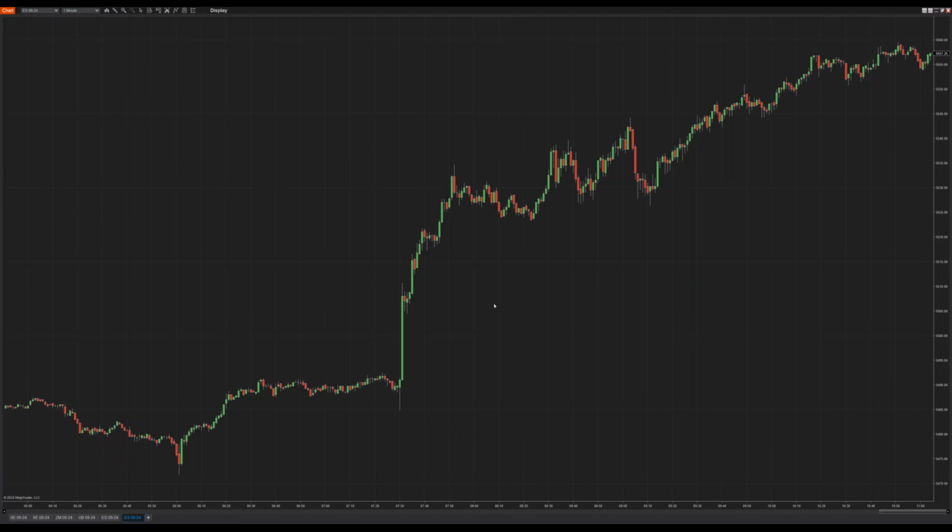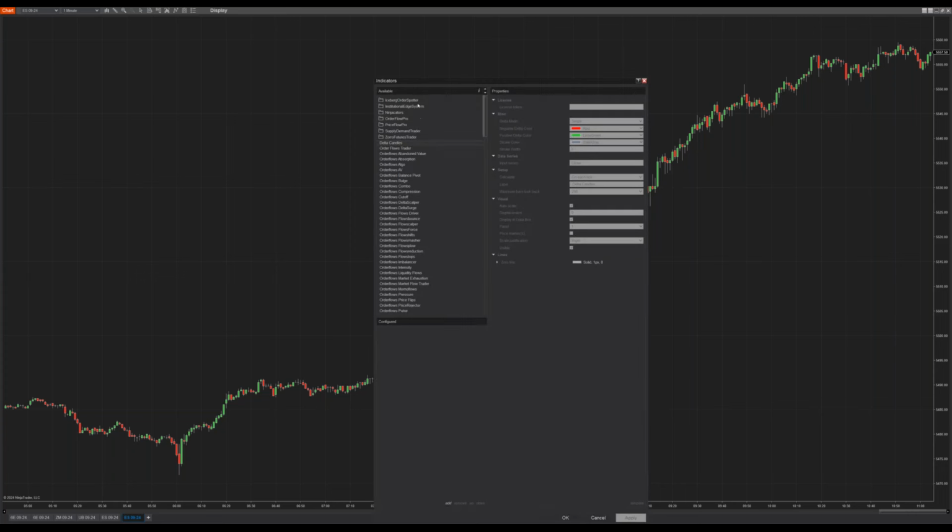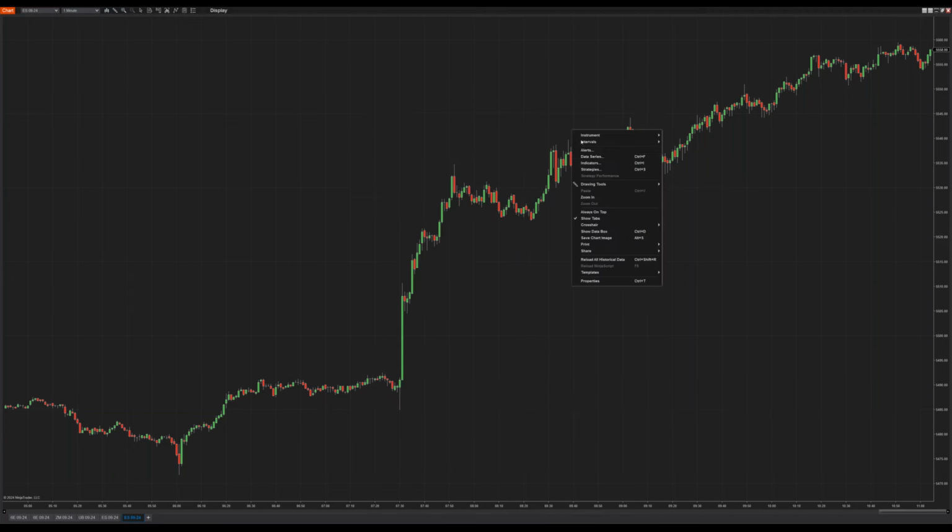Okay, I think, like the IES, first I'll use the native one. I don't even know what to call it on here. Oh, it's the volumetric chart.